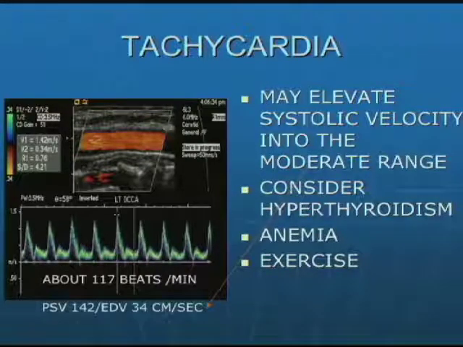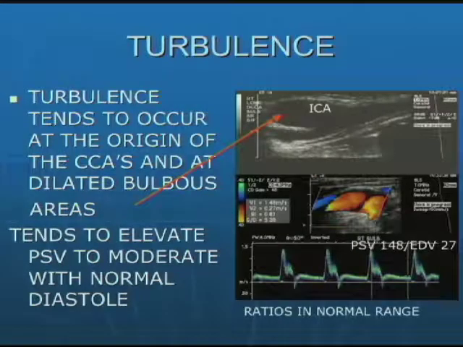Patients with tachycardia may simply be tachycardic because of exercise, perhaps because of anemia, but also consider hyperthyroidism. And one can simply move the transducer quickly over to the thyroid to look for a thyroid inferno vascular pattern in patients with hyperthyroidism and Graves' disease.